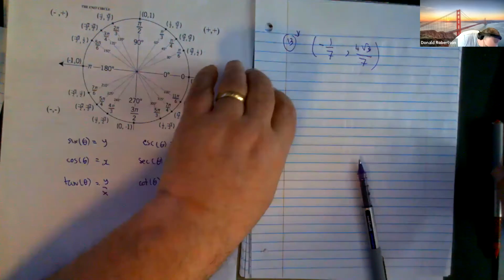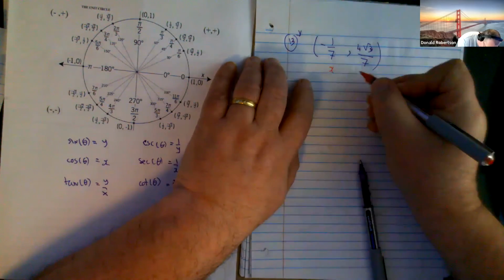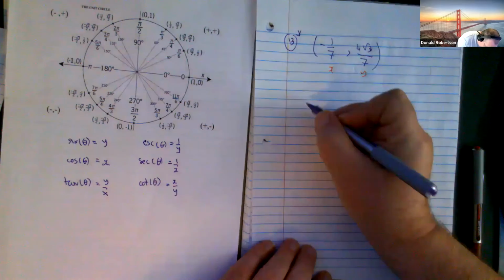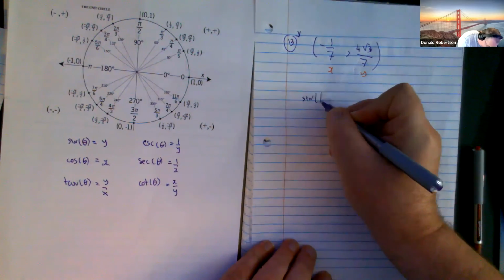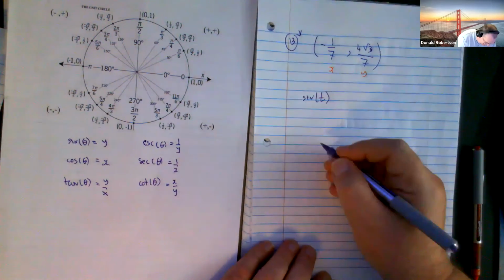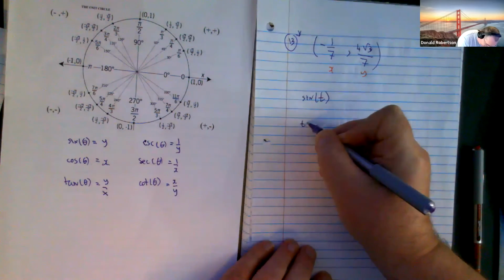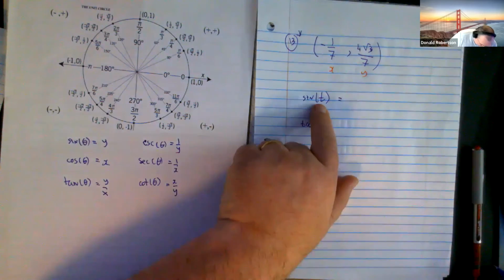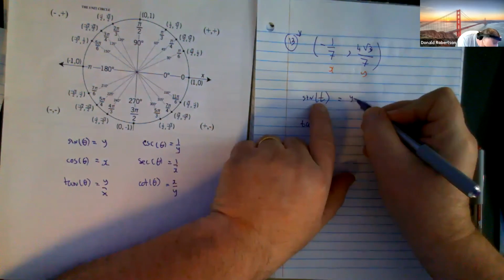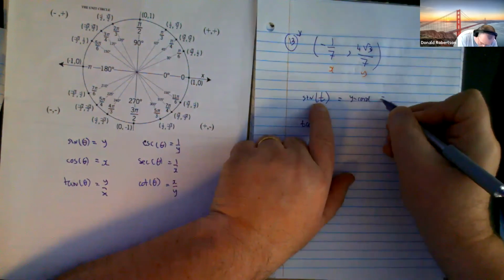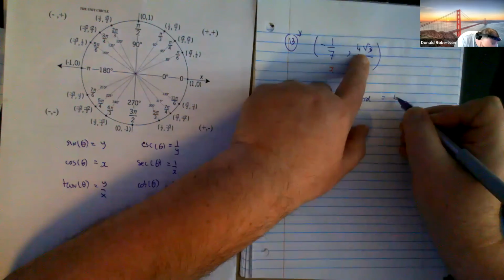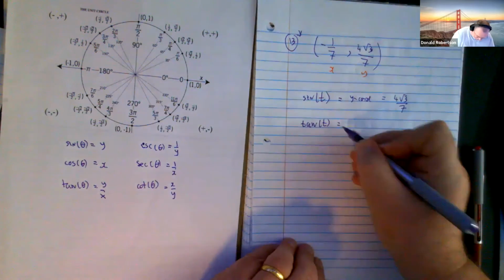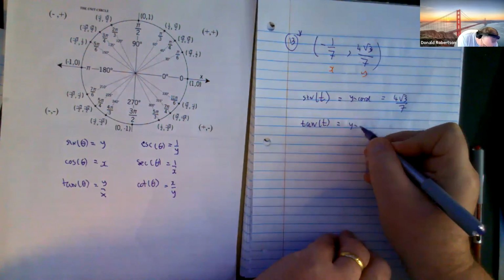Now I know the X and the Y coordinates, and they are going to ask me to find the sine and, let's say, the tangent. If you want to find the sine, it's the Y coordinate. And in this case, 4√3/7.